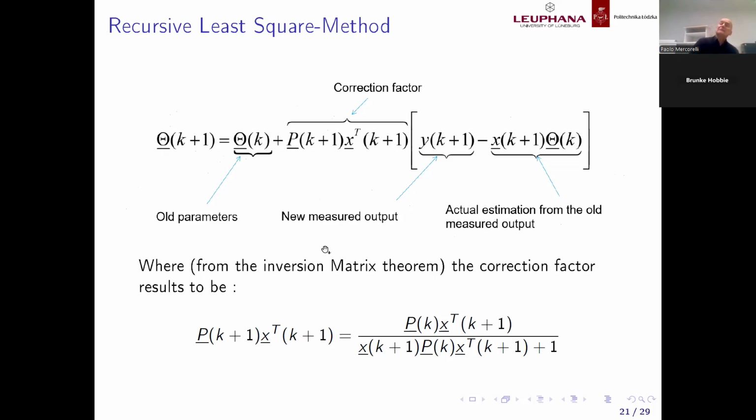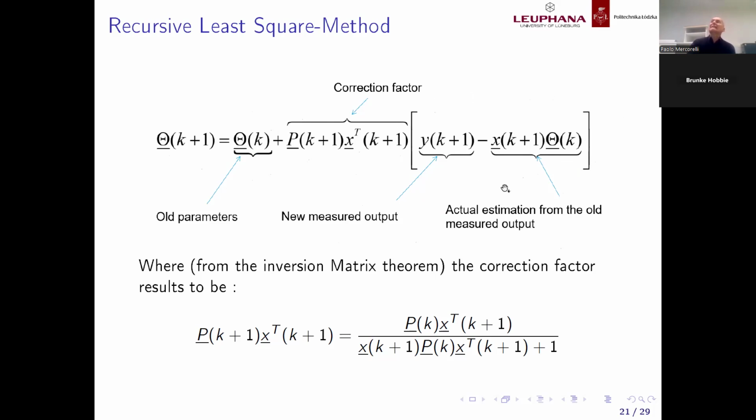Now, we can see that this expression is extremely important because I have the vector theta, which includes theta 1 and theta 2, as a function of the previously calculated or identified theta 1 and theta 2, plus something which reflects what I am measuring, minus what I identified in the output at the step before.